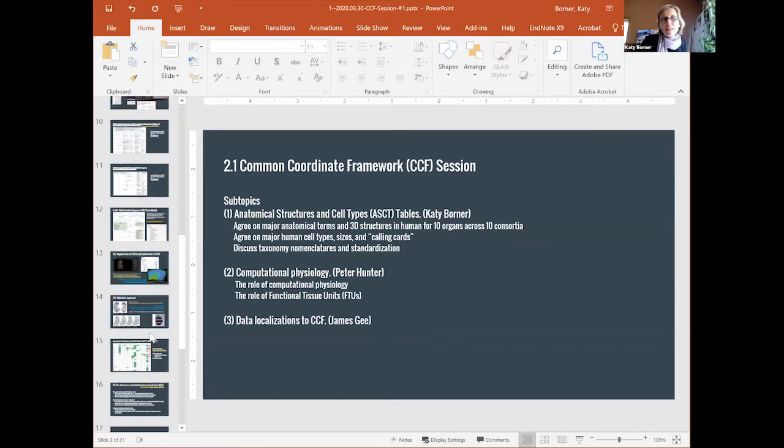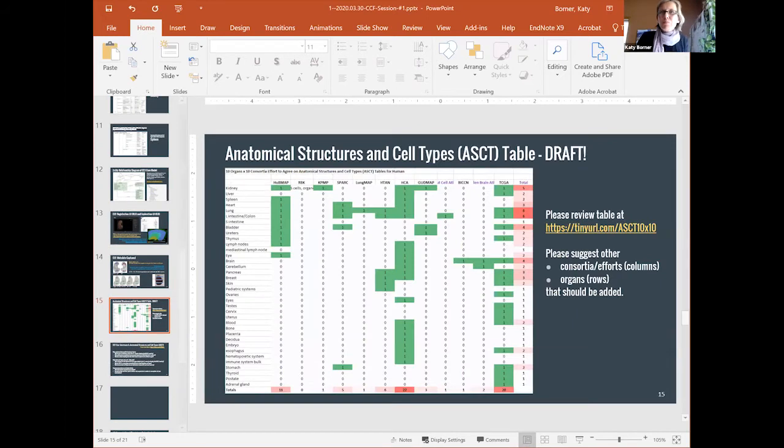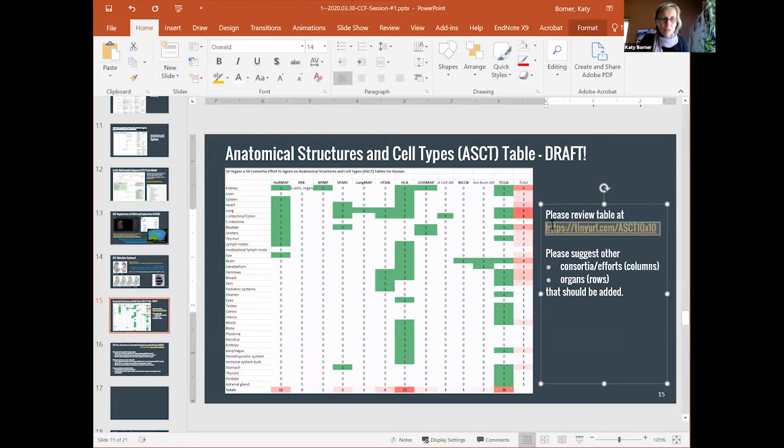So one big ambition I have, and just call me ambitious, but I will try this, is that we all could look together at this anatomical structures and cell types table. And this is a draft, so I don't think this will be completely complete.